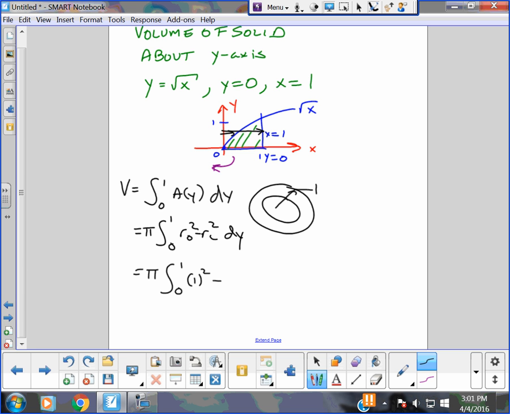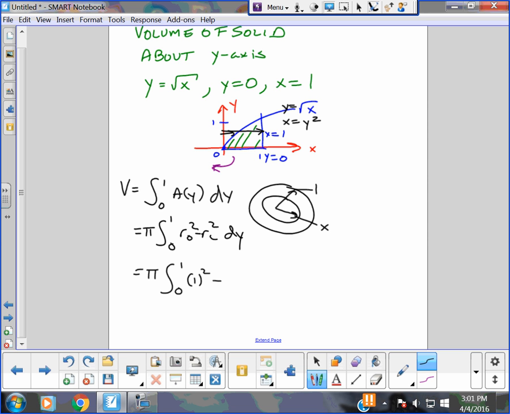The inside radius is some distance x, but it goes to the curve y equals square root of x. If I solve for x, do you guys agree it's x equals y squared? Square both sides. That distance x is the inside radius.